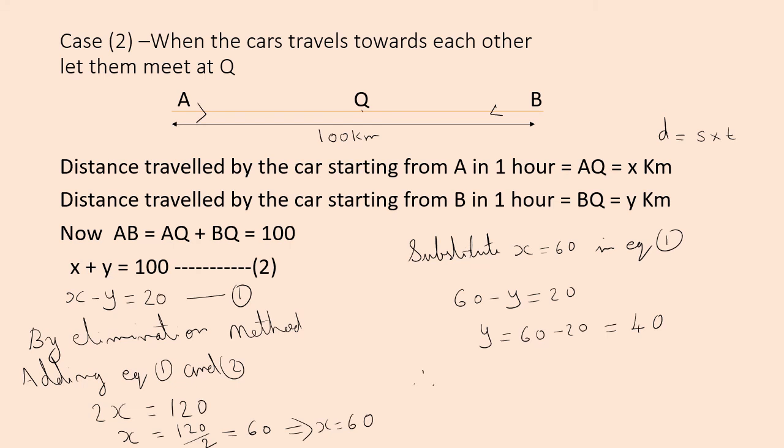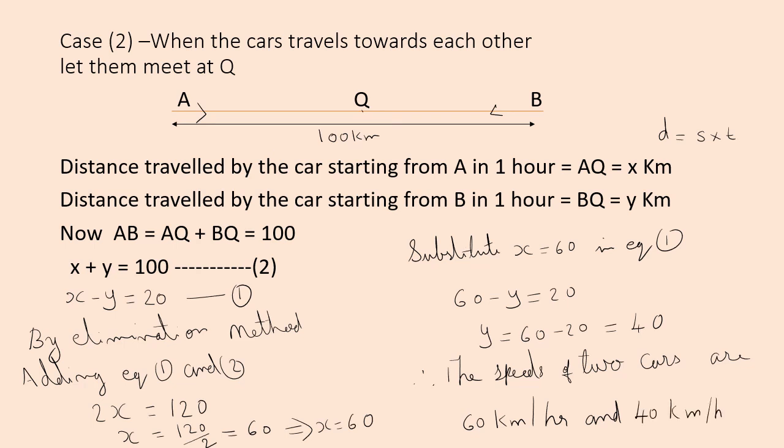Therefore, the speeds of the two cars are 60 km per hour and 40 km per hour. Whenever you are writing the answer, please try to write the conclusion always.